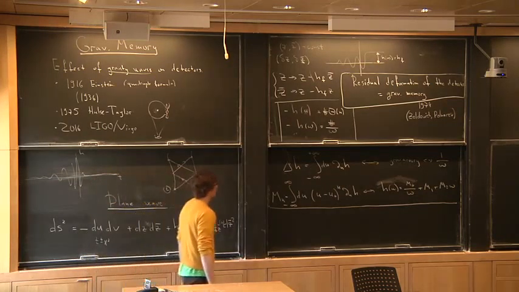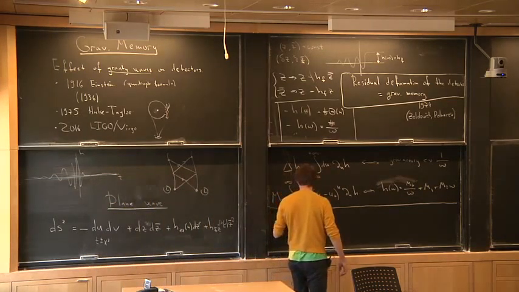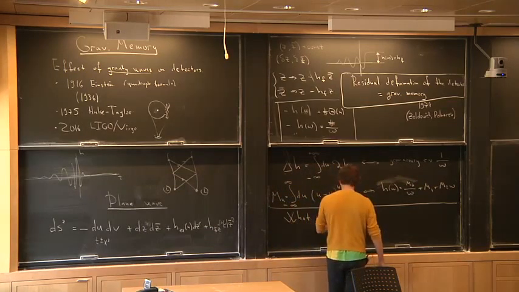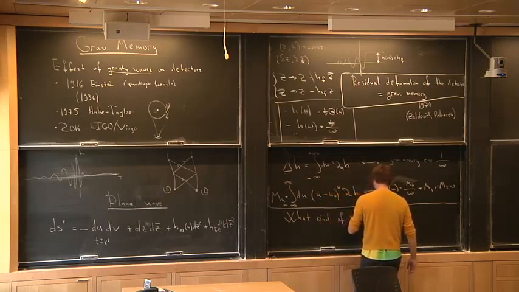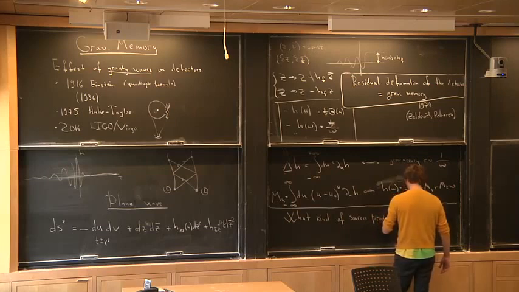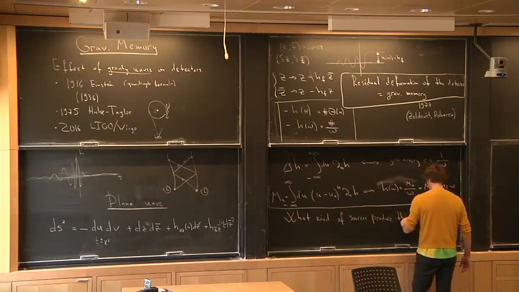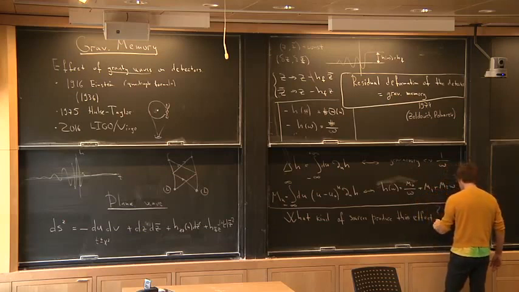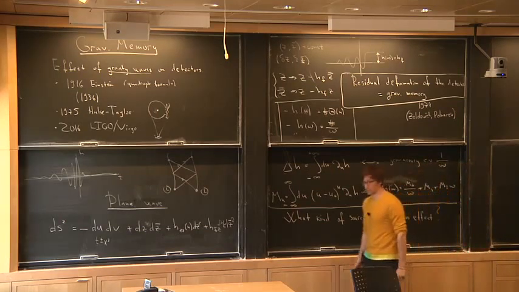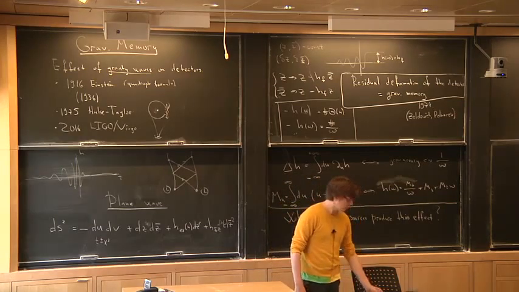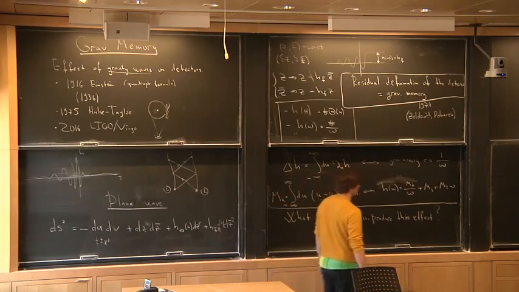So, okay, if we see that generically we can have this effect, what question can you ask? What kind of sources produce this effect? The answer will be generic, but it's useful to consider some simple source.